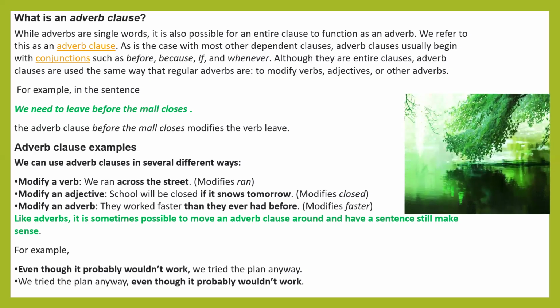Even though it probably would not work, we tried the plan anyway. We can also say, we tried the plan anyway, even though it probably would not work. So even though it probably would not work is an adverbial clause. We can use it at the beginning of the sentence and at the back of the sentence.